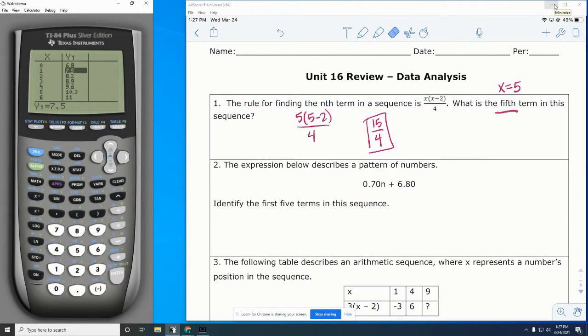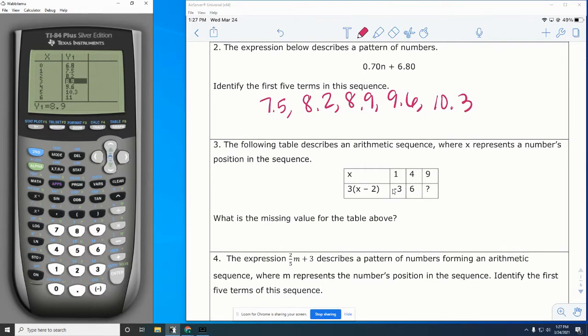So the first term, our one term, is 7.5. Our second term is 8.2. Third term, 8.9, 9.6, and 10.3. Remember, with these first 5 terms, you start at 1 because we can see what the original term was that was already given to us.